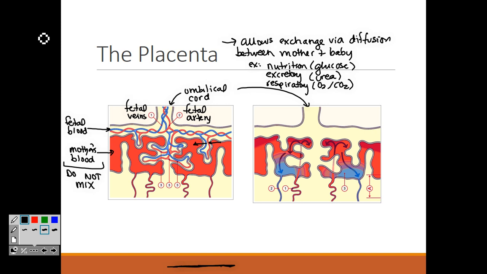And so it's trying to illustrate that after the baby's blood passes by the mother's blood, it will have gotten rid of usually some of its CO2 and will have absorbed some of the oxygen from the mother's blood. It could certainly be endocrine, so we're talking about hormones.